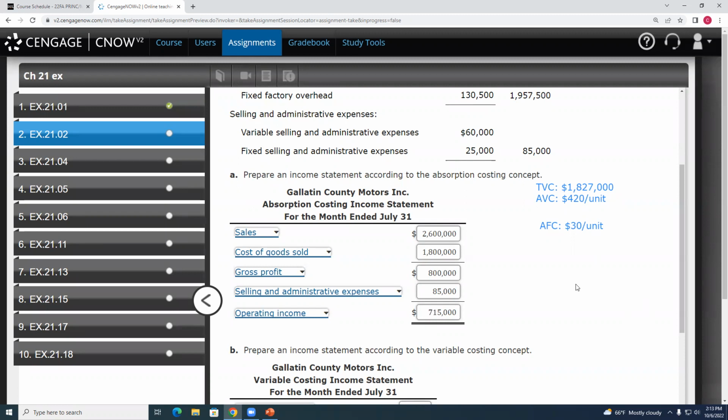Which seems like a very healthy profit on sales of 2,600. Just saying. So nothing new there. Any questions on that though?